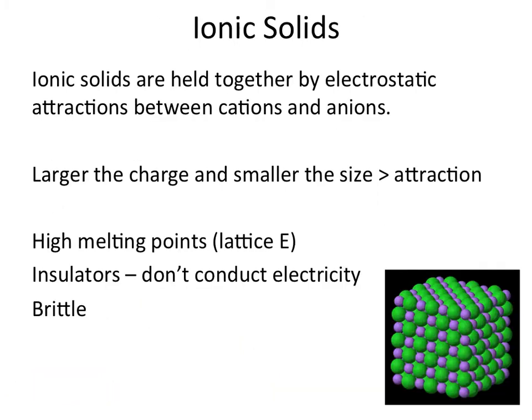So we've talked about ionic solids in pretty good detail. We know that ionic solids are held together by the electrostatic interactions between positively charged cations and negatively charged anions, as seen here in the diagram below.